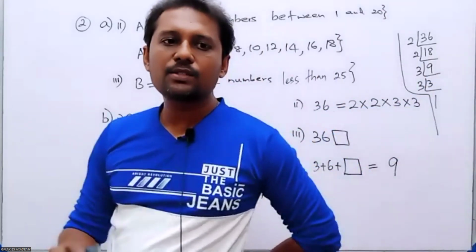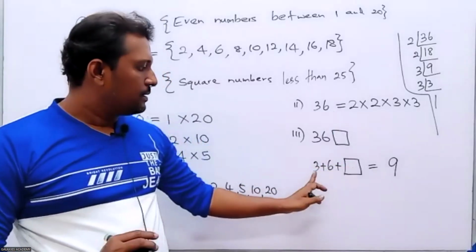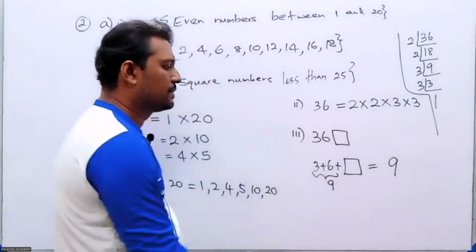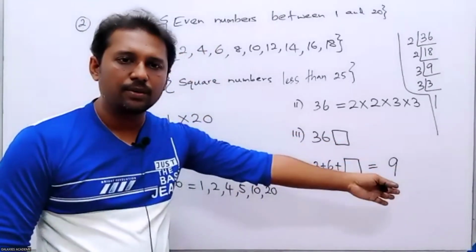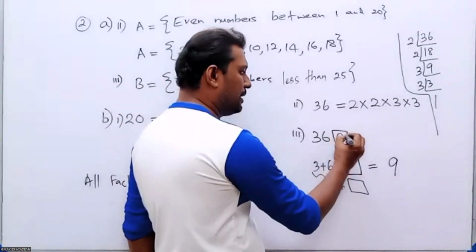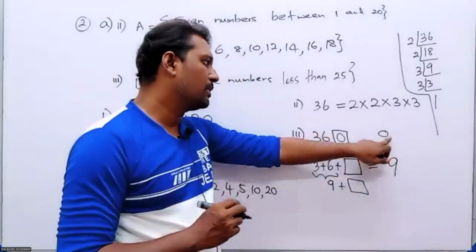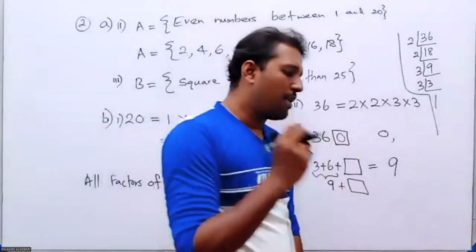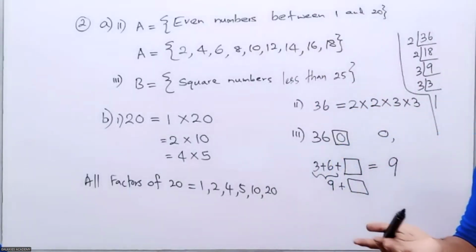Right? So what are the suitable digits for this empty cage? 3 plus 6 is 9. So 9 plus which digit is suitable to get 9? 0. One digit is 0. 0 is suitable. Okay. Another digit you have to write because this question asks for 2 suitable digits. If you use 1, can you get the digital root 9?